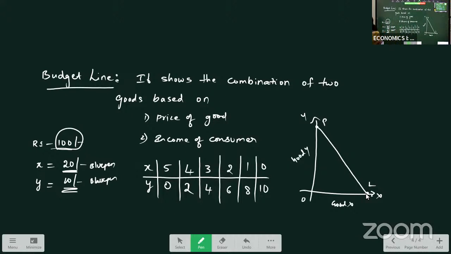So what is budget line or price line here? Budget line or price line means it shows the combination of two goods which are based on the price of the commodity, price of the good, and income of the consumer. This is called our budget line, right? Hope it is clear for you all.